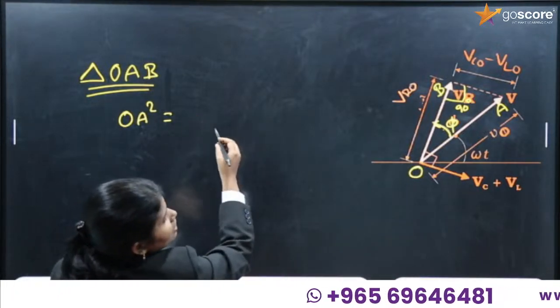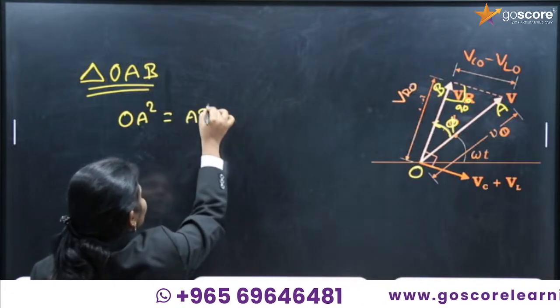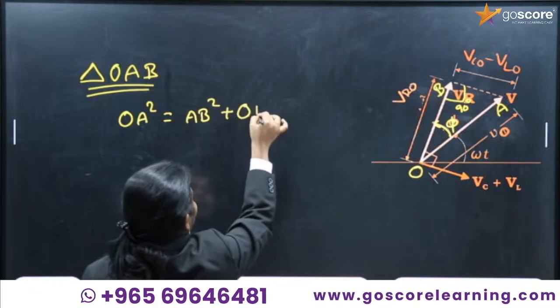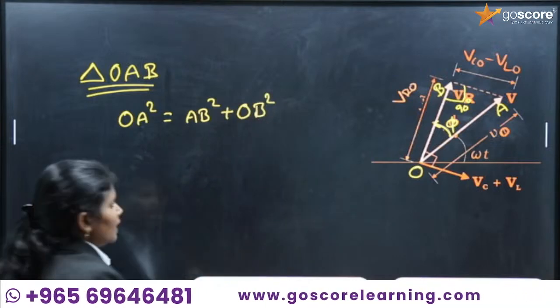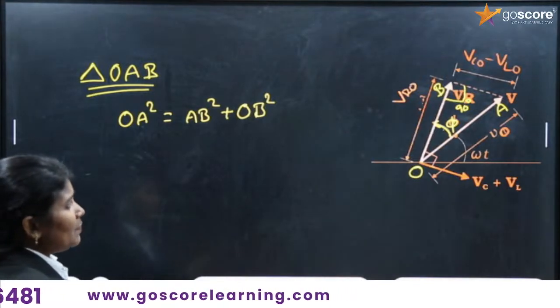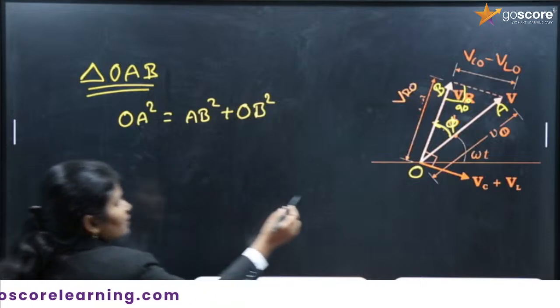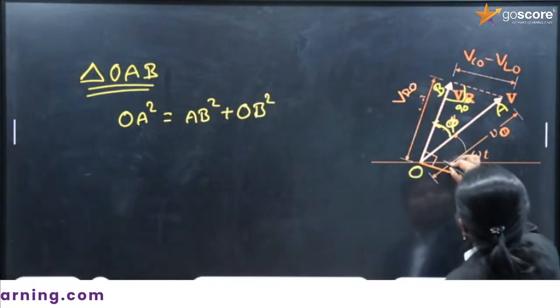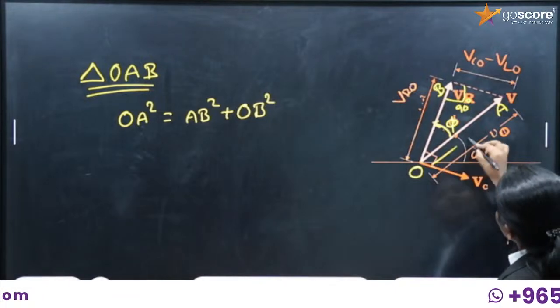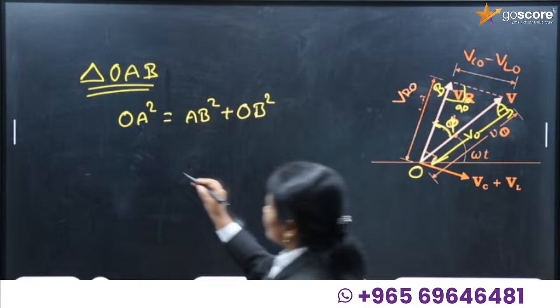We will write OA square is equal to AB square plus OB square. Here OA is V naught.